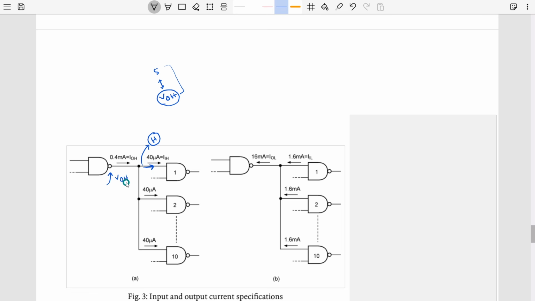VOH is the minimum voltage it has to provide. If it goes lower than that, that will invalidate its property, right? So we are checking it at its most vulnerable situation.